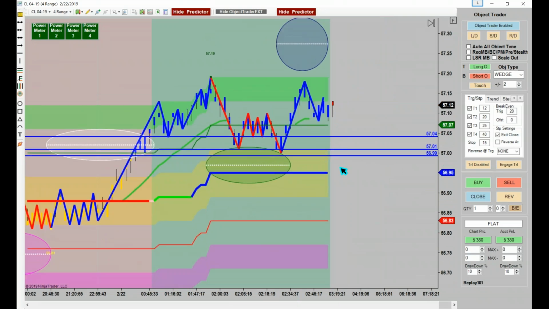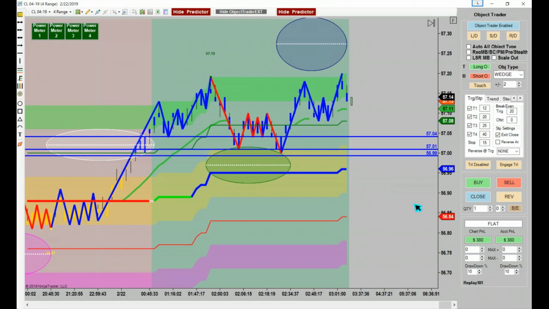And now what I'm going to do is see if I get a predictor. Because our predictors are figuring out that price action right there. And it doesn't matter what the price action is, predictor will try to figure it out. There's a double top, by the way. We should get a predictor. See if it hits where we think it does. We drew on our chart.